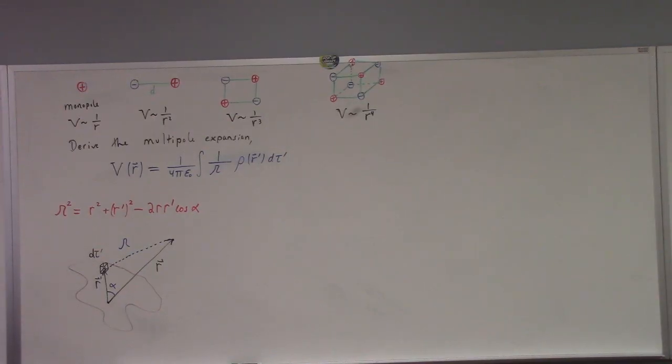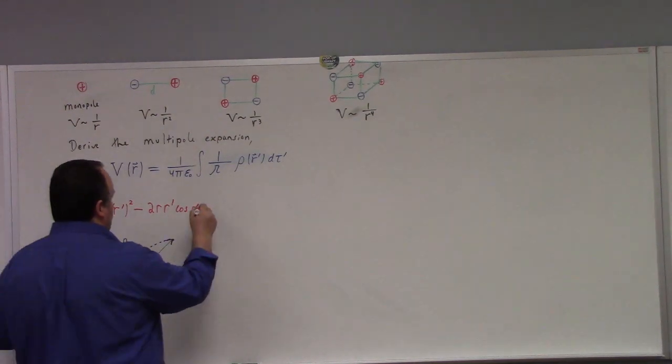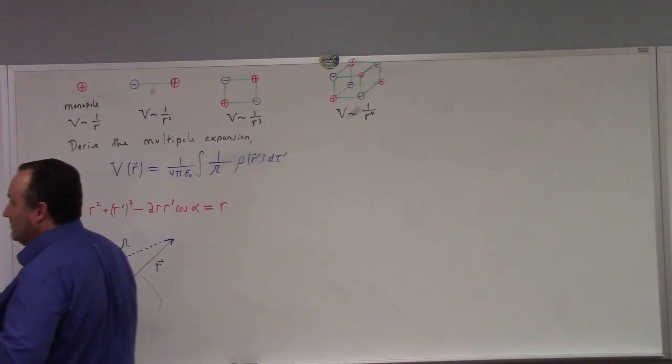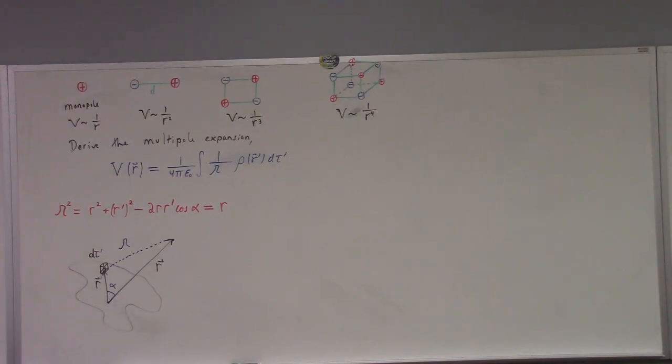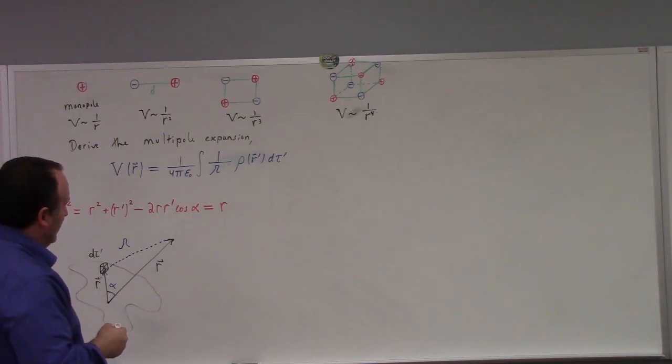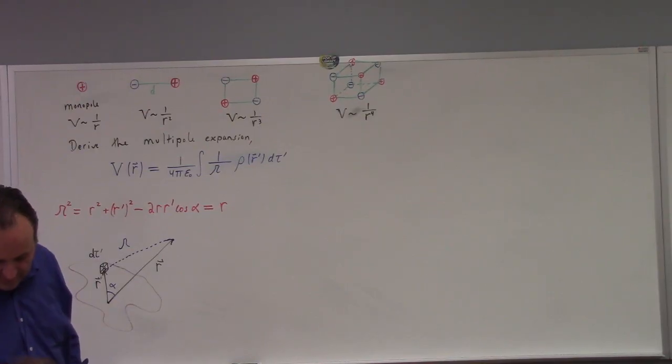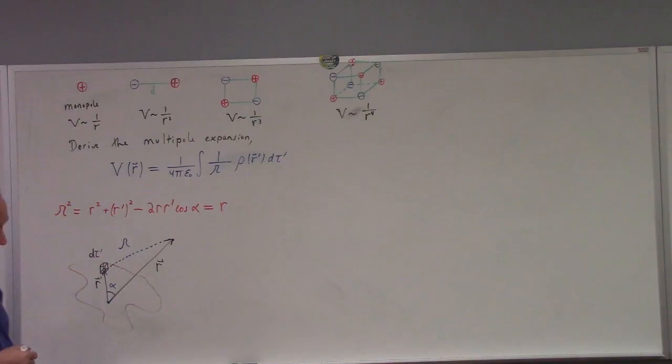So what Griffiths does at this point is he factors out an r squared. And you can kind of appreciate why he's doing this in terms of our previous example, example 1. That may be my only example today, but mostly I'm introducing terminology for you guys today. So we have r squared plus r prime squared minus 2 r prime cosine alpha.